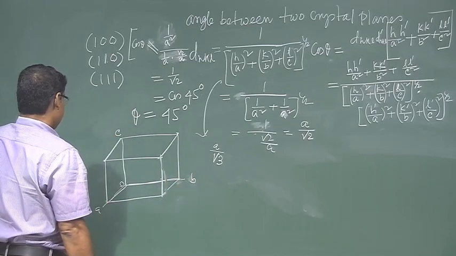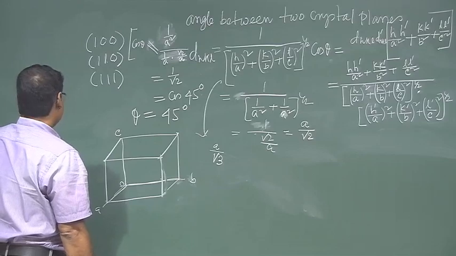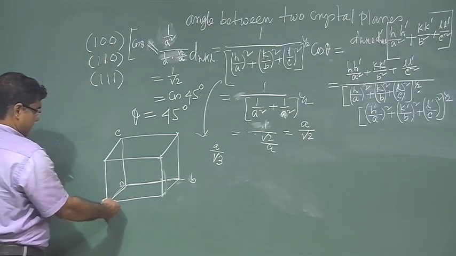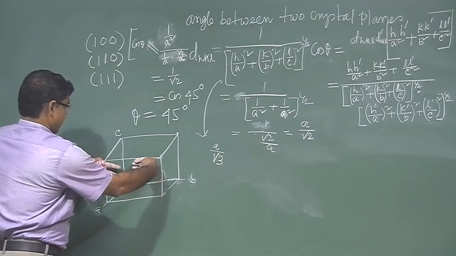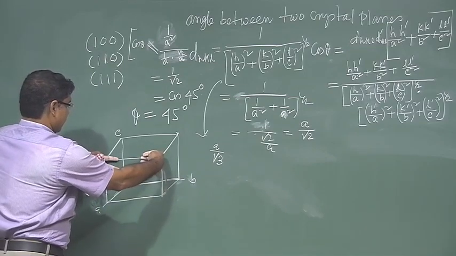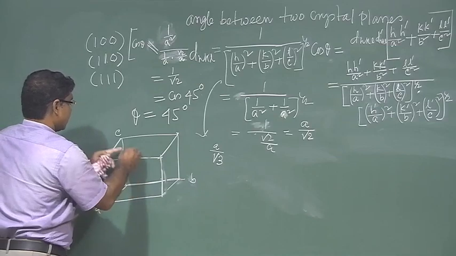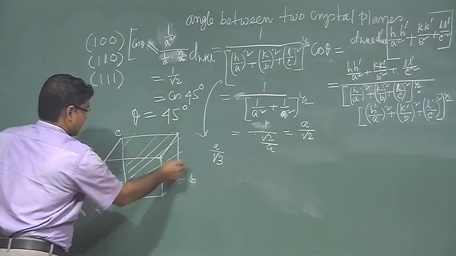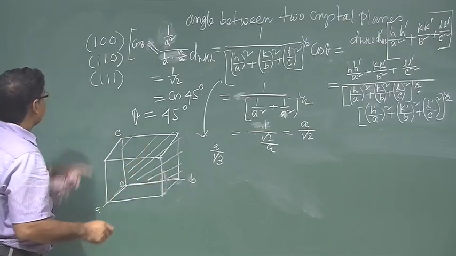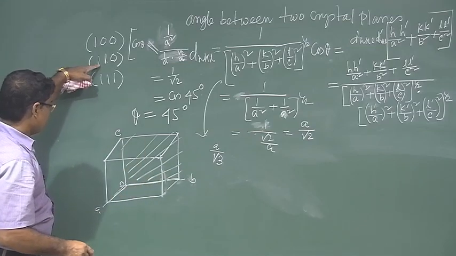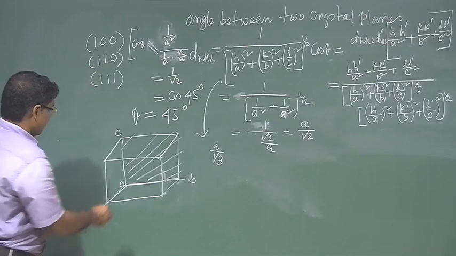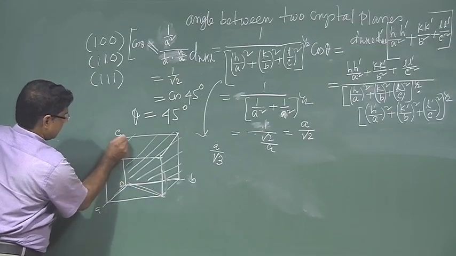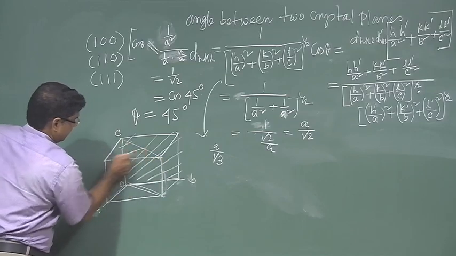Okay. So, your 1 0 0 plane is basically this plane passing through the origin, and the 1 1 0 plane is basically this plane, right, this and this. Okay.